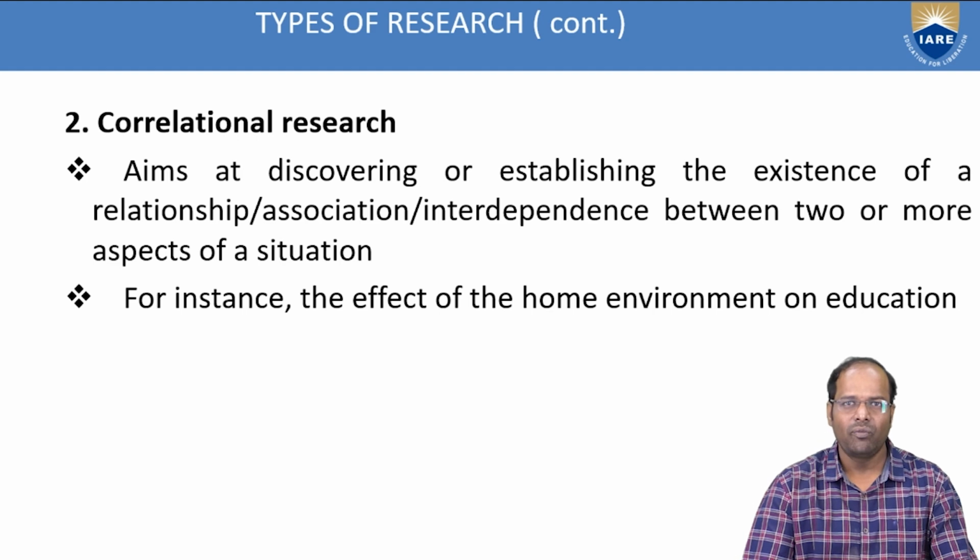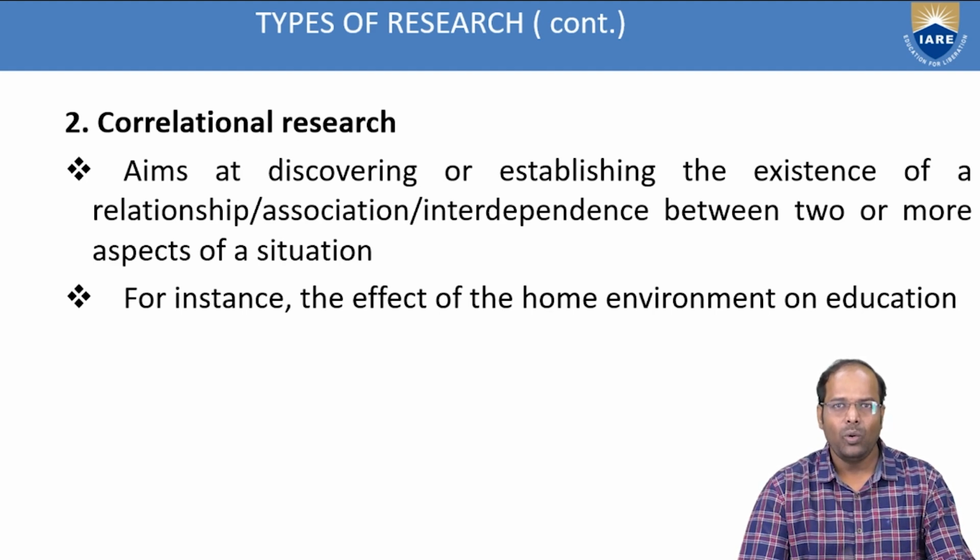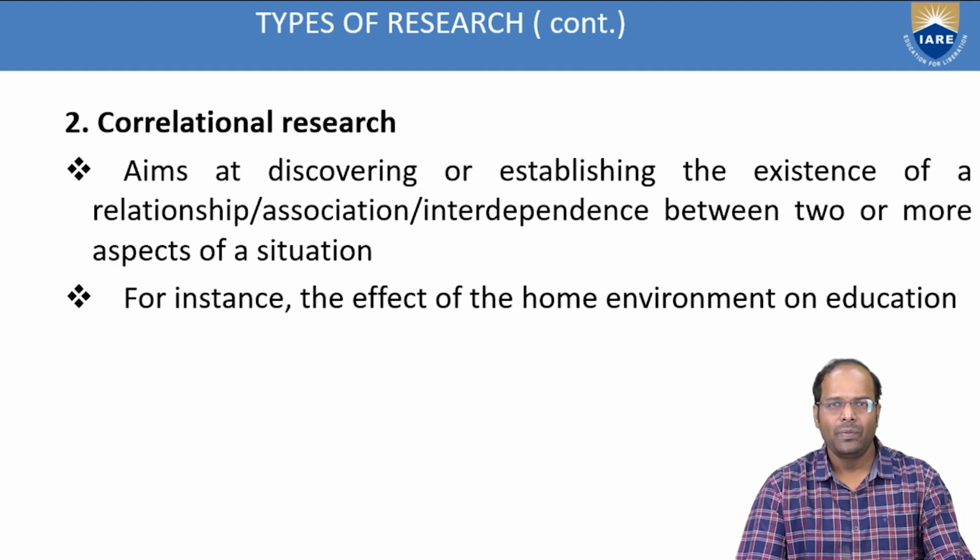The second one is correlational research. It aims at discovering or establishing the existence of a relationship, association, and interdependence between two or more aspects of a situation. An instance is the effect of the home environment on education.